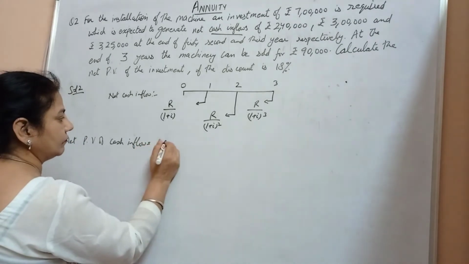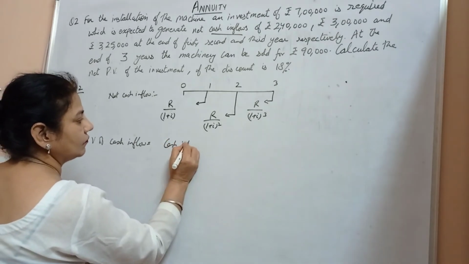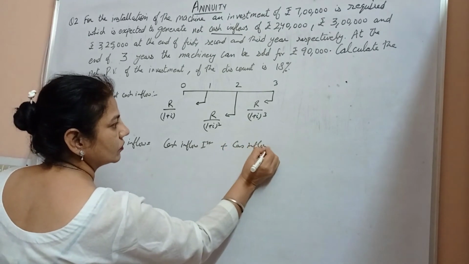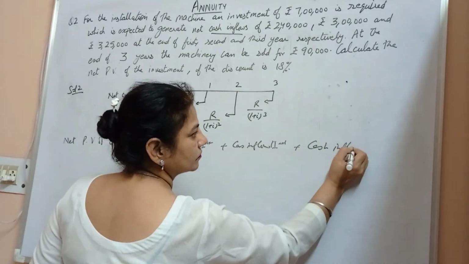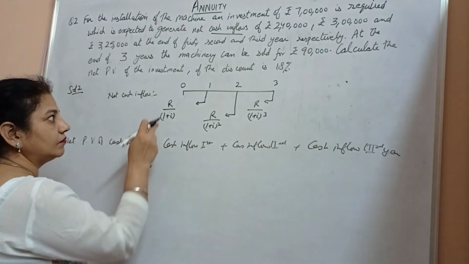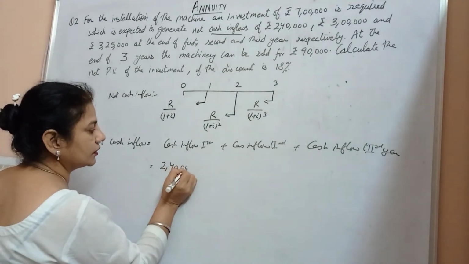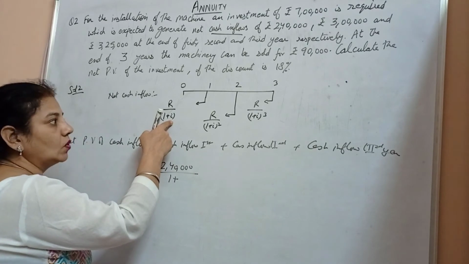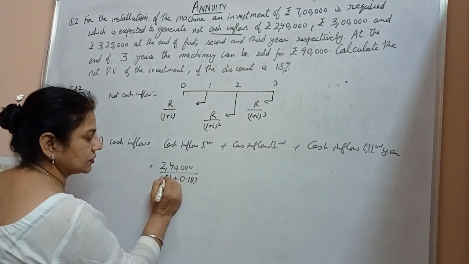For the first year, the payment is 2,40,000 divided by 1 plus I, where I is the discount, 18%, which in decimal form we write as 0.18.